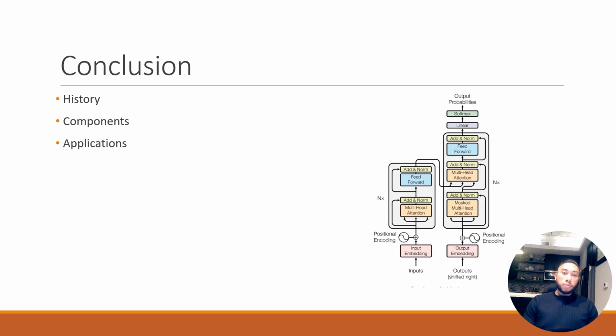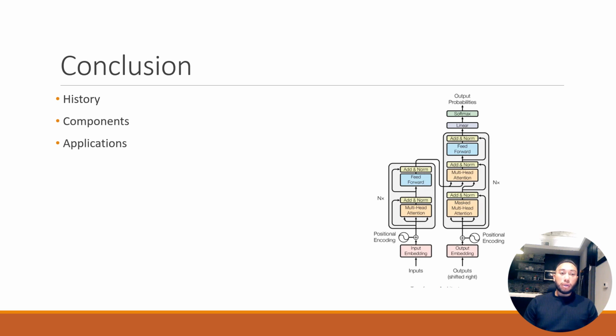So in conclusion, what we spoke about today was the following. We spoke about the history and how its first discovery was found in a research paper by the Google Brain team, and it was written in 2017. And we spoke a little bit about the differences from what was already existing, which was the RNNs, the recurrent neural network, and how it came from a large language model, and why they decided to create the transformer, and some of the advantages over the RNNs.